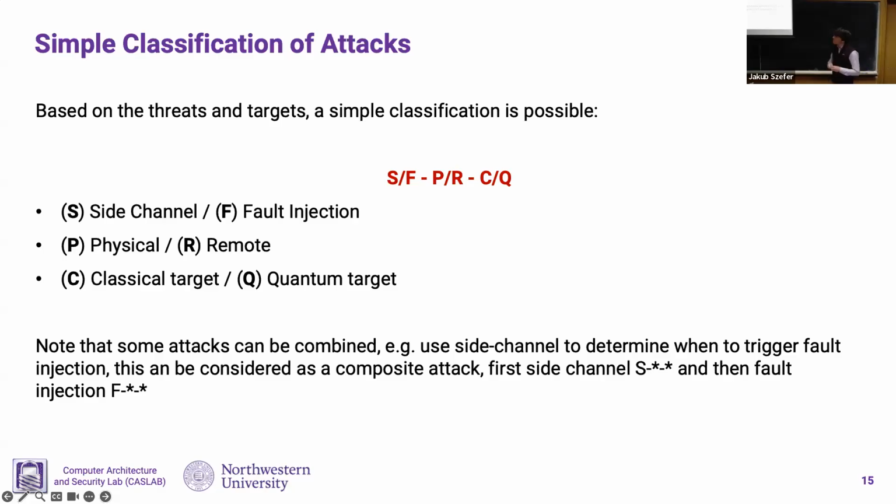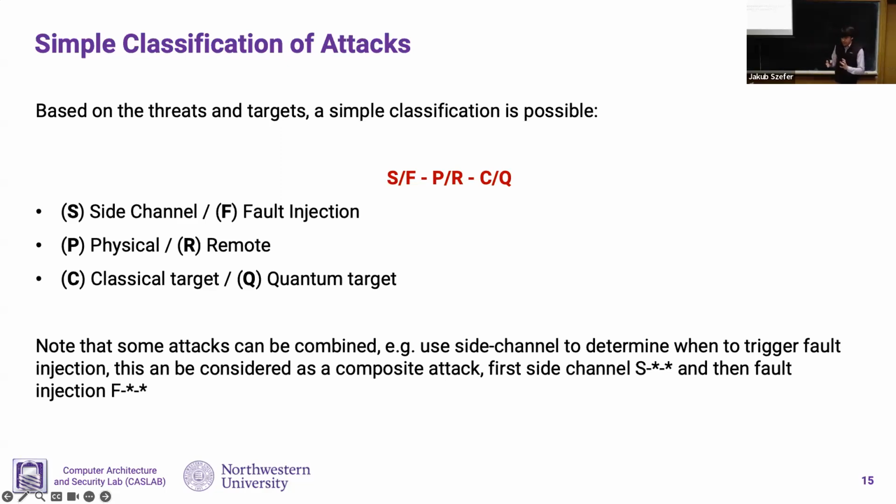I think I mentioned it maybe previously when talking about classical security. Sometimes you can combine the two attacks. For example, you can use a side channel to figure out what the system is doing, and then based on that, decide when to do fault injection. But that really is kind of like two attacks.